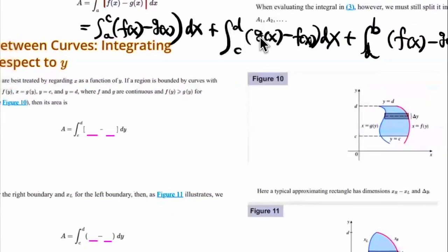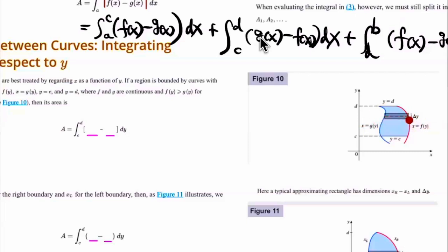Yes, very good. You use the x coordinate on the right, subtract the x coordinate on the left. So the one on the right is f of y, the x coordinate on the left is g of y. So you use f of y, subtract g of y.